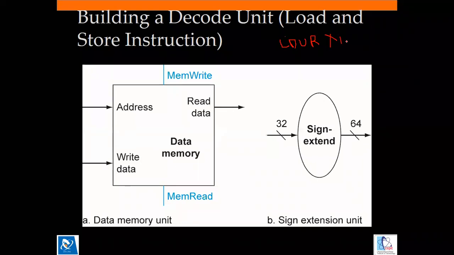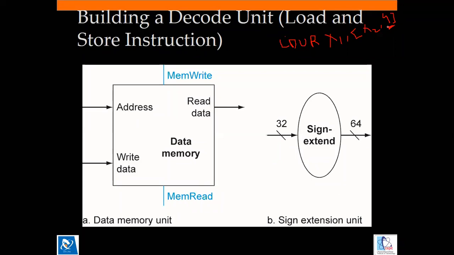The address would be given like this: consider that the base address is in X2 and the offset is, let's say, 4. This value 4 is only a 9-bit value.